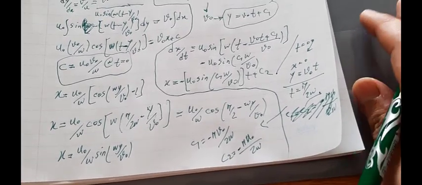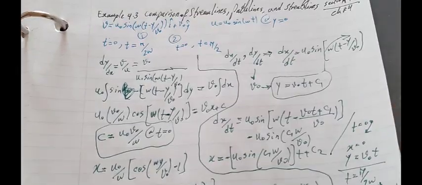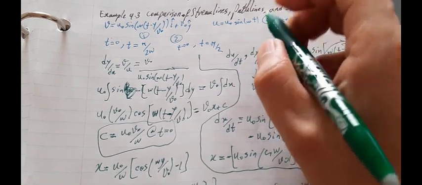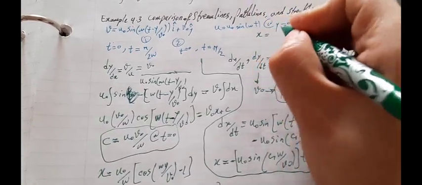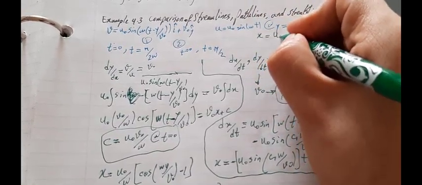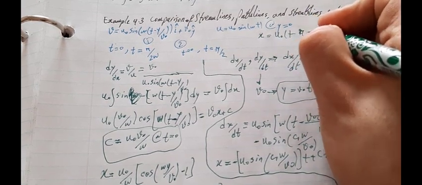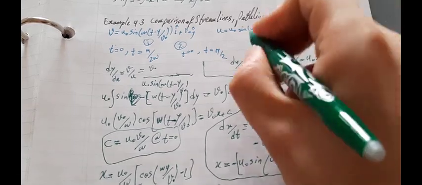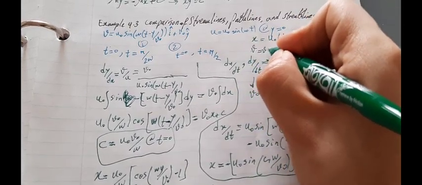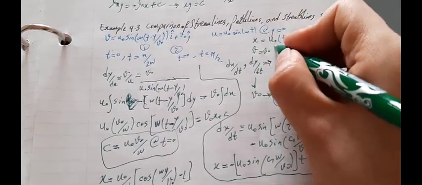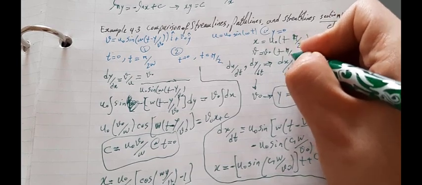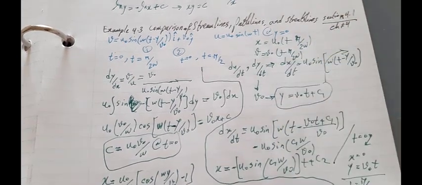All in all, for the x term, we have u0 times t minus pi over 2 omega, and for the y term we have v0 times t minus pi over 2 omega.